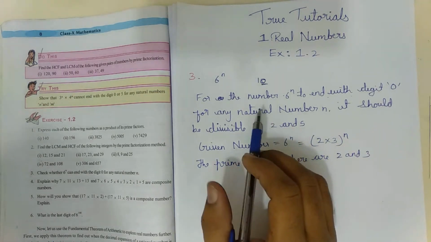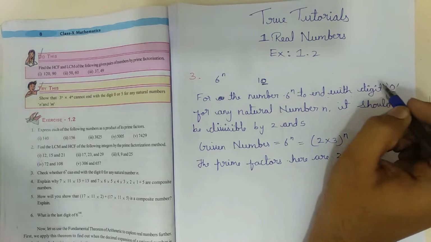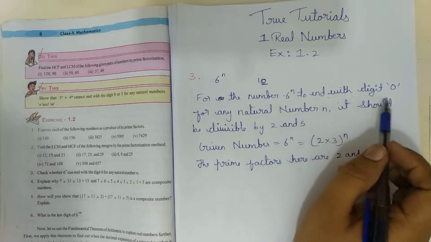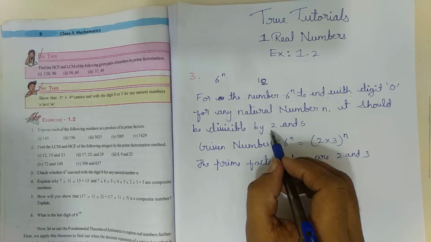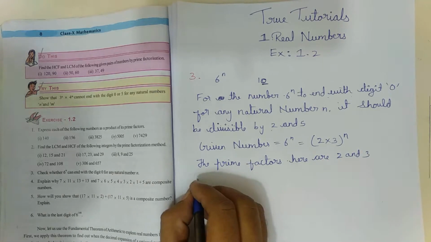I already said, if you want the number to end with 0, it should have 2 and 5 as factors, but we have 2 and 3 as factors.